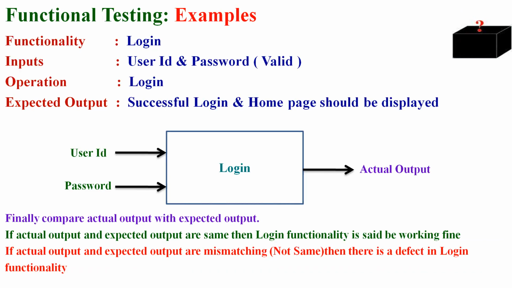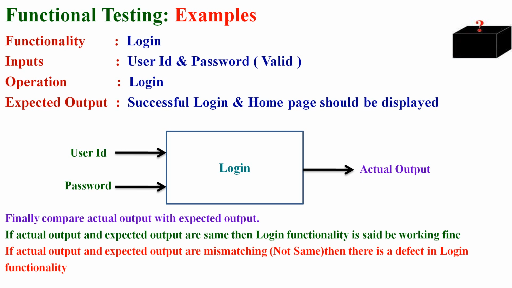Now, see here. Functional testing example. Login is a functionality. Listen to me carefully. Login is a functionality. For this login, we know what the inputs are: user ID and password. Say, for instance, we are taking the valid input, because during the functional testing, the software test engineer has to test that particular functionality by using valid inputs and invalid inputs also.